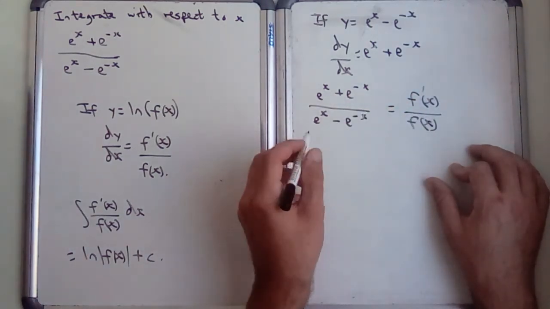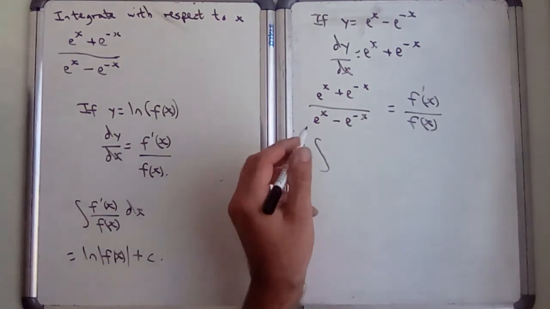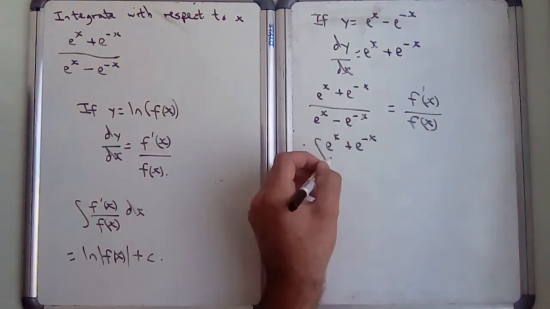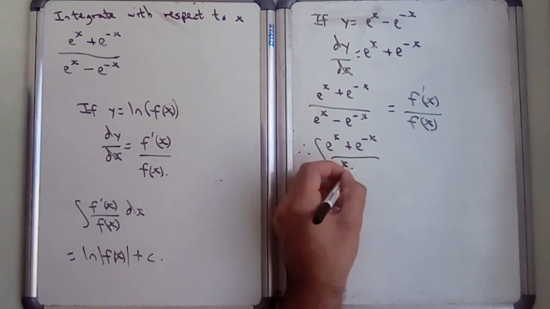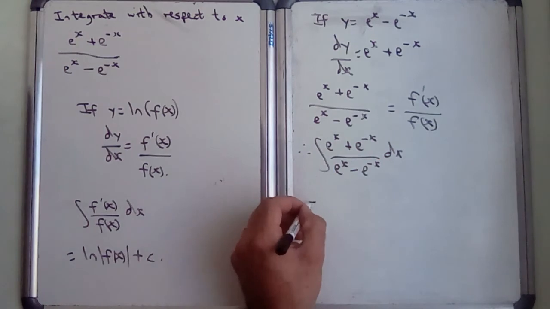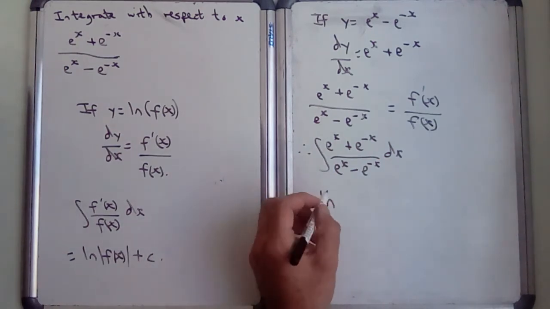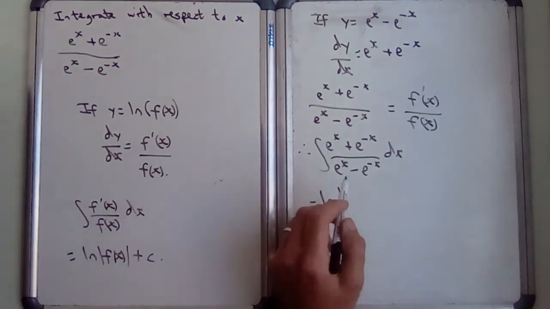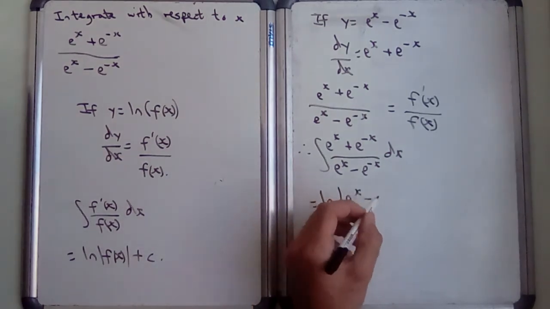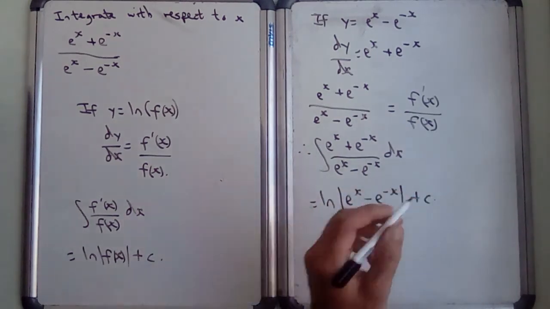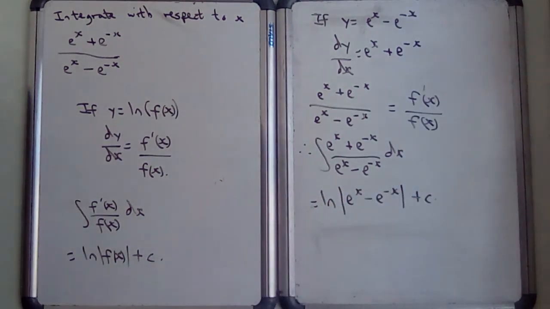Therefore the integral of (e to the x plus e to the minus x) over (e to the x minus e to the minus x) with respect to x must equal the natural log of the absolute value of the denominator, e to the x minus e to the minus x, and I suppose obviously plus the constant of integration, and that's finished.